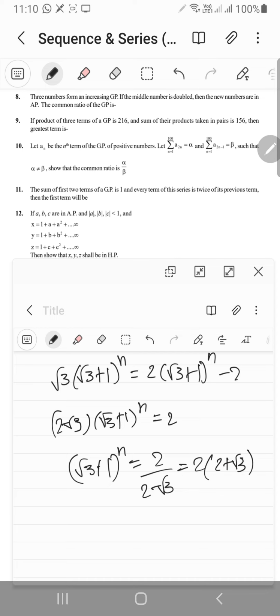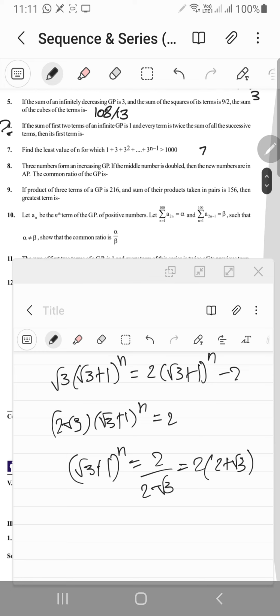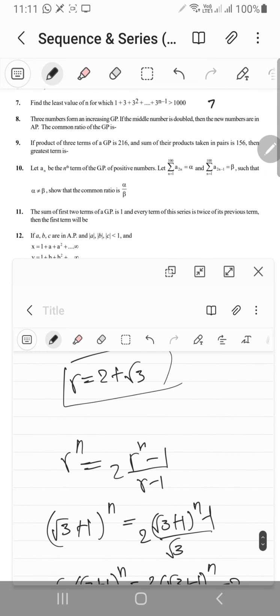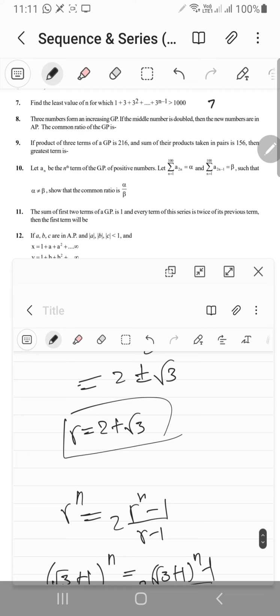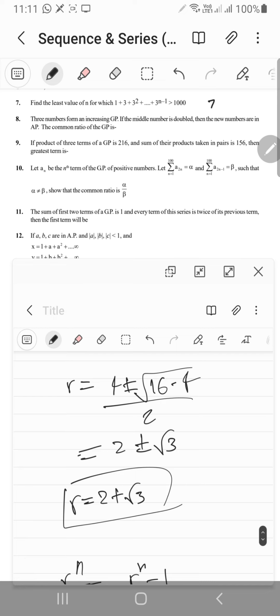And this is for every single value of n, which is stupid because this cannot happen. So this question, where is it? Yeah, this question is just wrong. There's no way that this can actually happen, or at least no way I can think of. Yeah, anyway, about this guy, you have r equal to 2 plus square root 3.